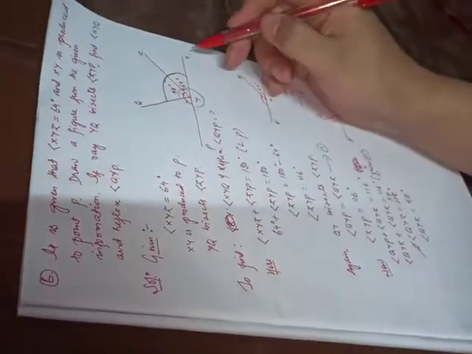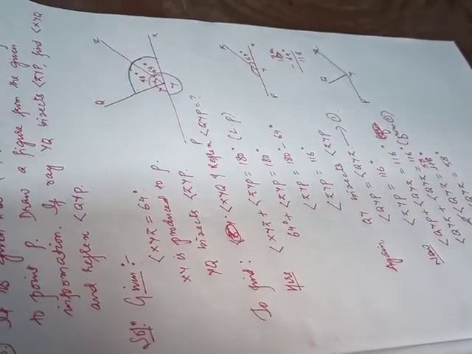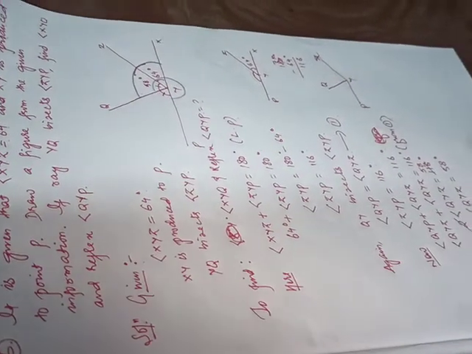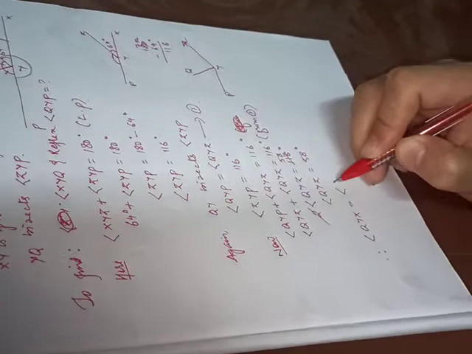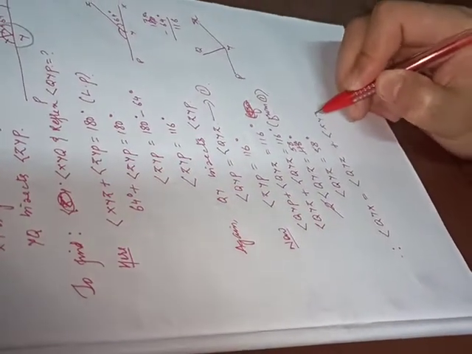So we got this angle as 58 degrees. Now we can calculate angle XYQ or QYX. Angle QYX will be equal to angle QYZ plus angle XYZ.